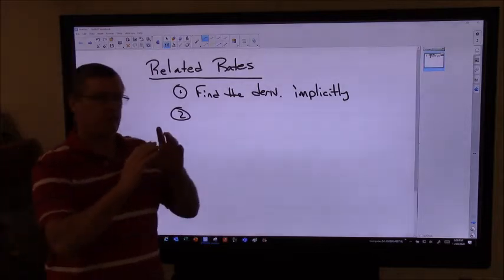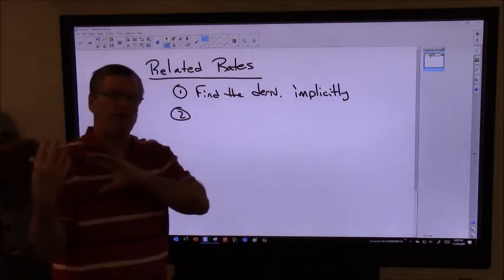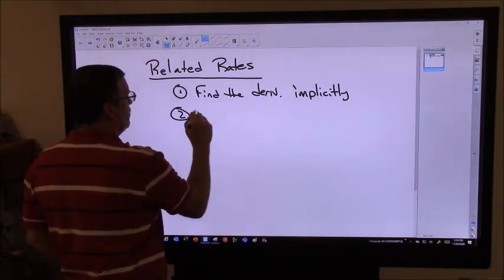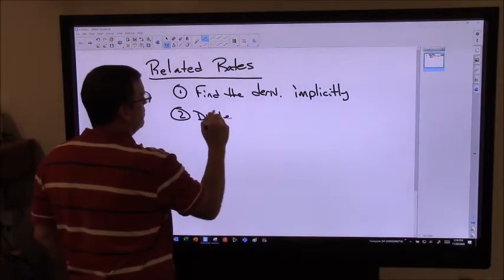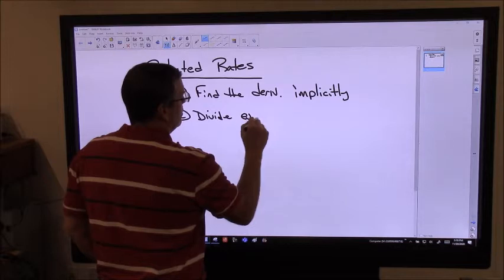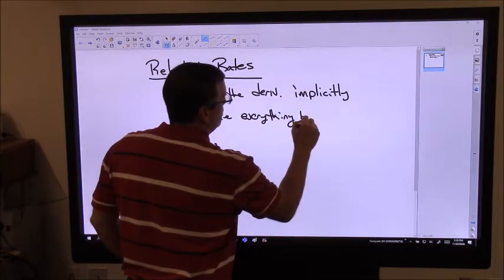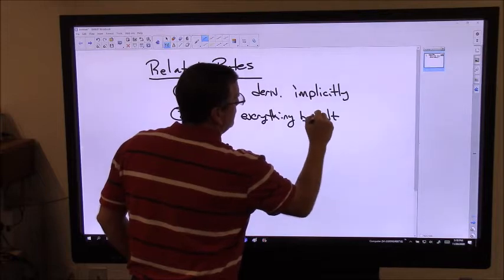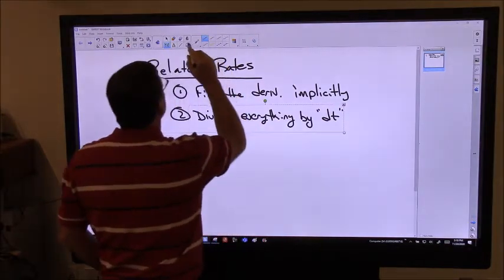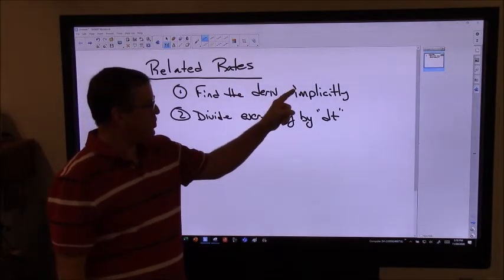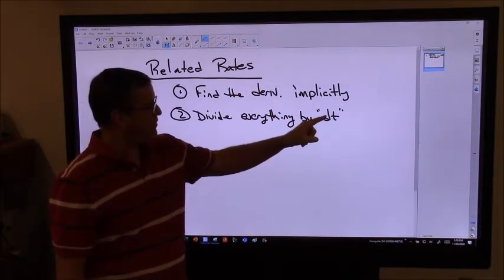Instead of getting all your dx's on one side, dy's on the other, or whatever the variable is, we want to divide everything by dt. Okay? Because what we're saying is things are changing with respect to time.